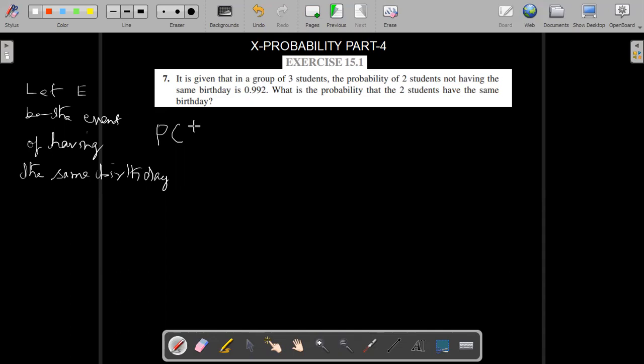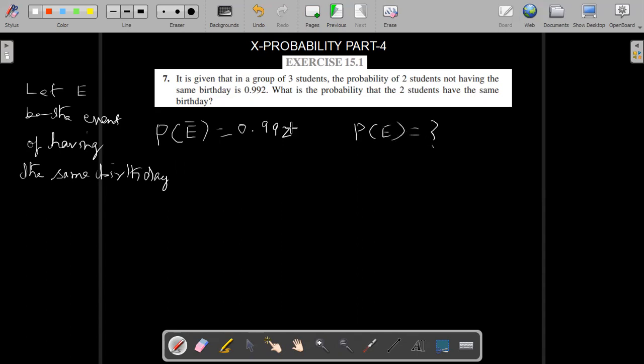The probability of students not having the same birthday, that means E bar, is equal to 0.992. What is the probability that two students have the same birthday? You have to find the probability of the same birthday, that is P(E).